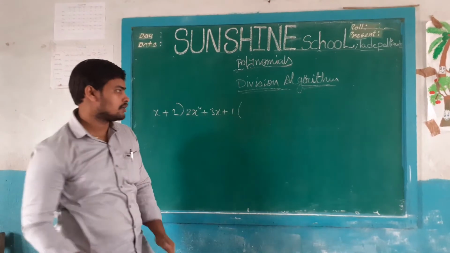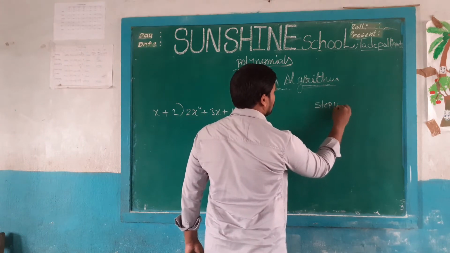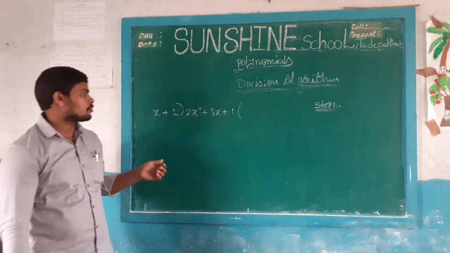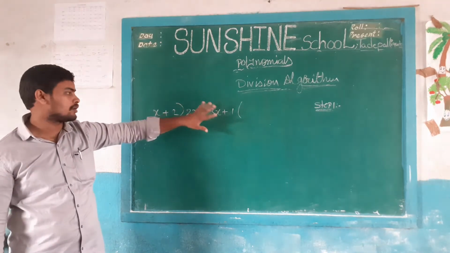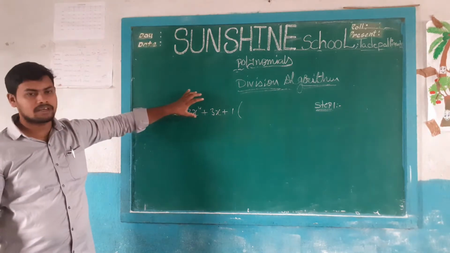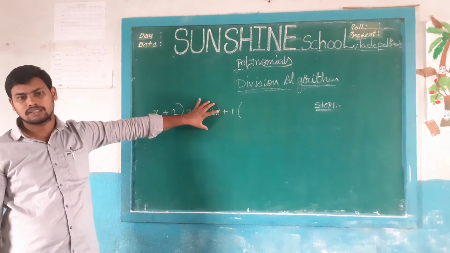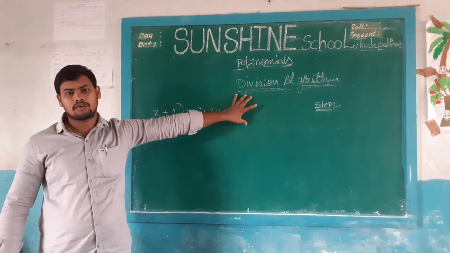There are some steps. Step 1. First, you have to arrange the polynomial in regular polynomial format: first the x square term, then the x term, then the constant. That is, the cubic term, square term, single x term, and the constant term.